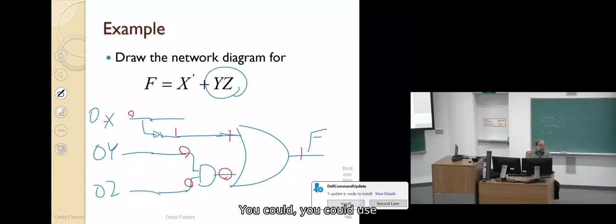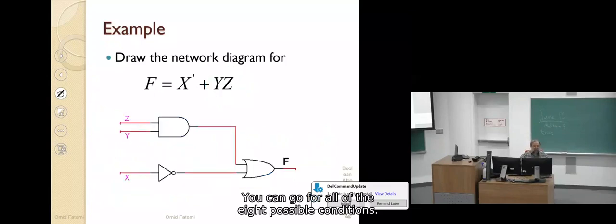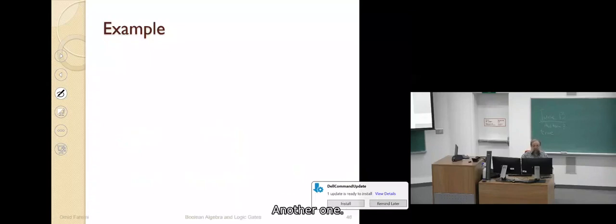So you could use this gate implementation to calculate the rows of the truth table. And you can go for all of the 8 possible conditions. This is the result that we had: y and z, and x prime ORed with them. This is the same thing that we have drawn.